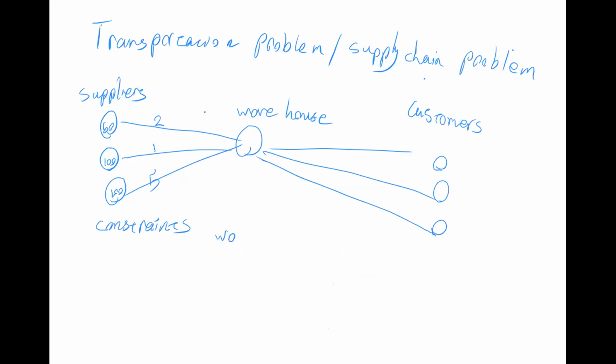Another one is about the warehouse. Outflow should be less than inflow. In this example, you cannot say the inflow of shoes is 200, but the outflow to the customers is 400.